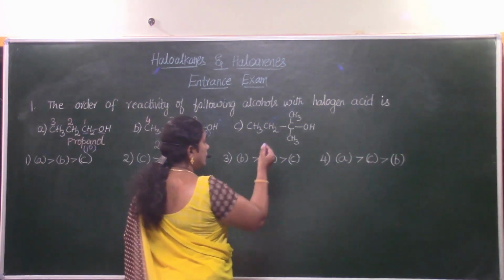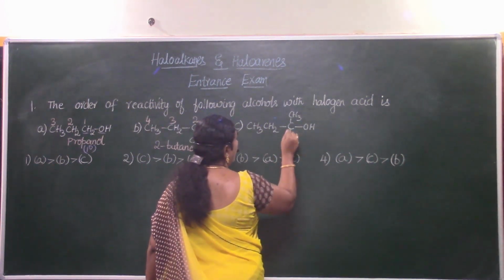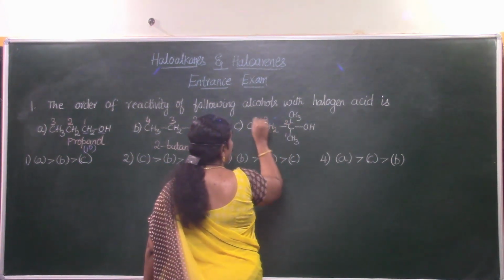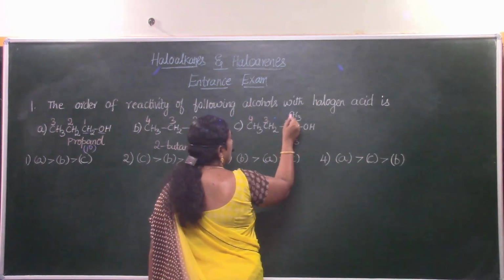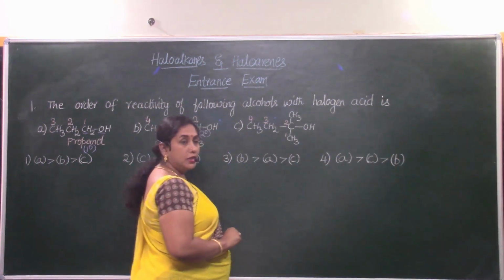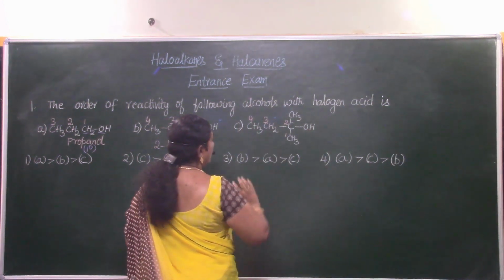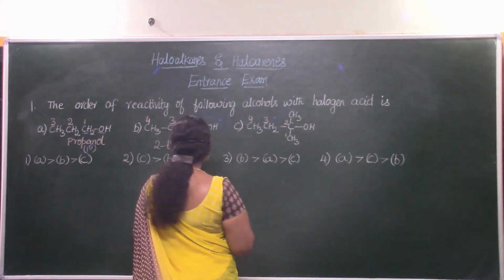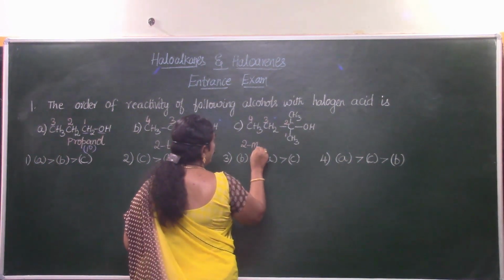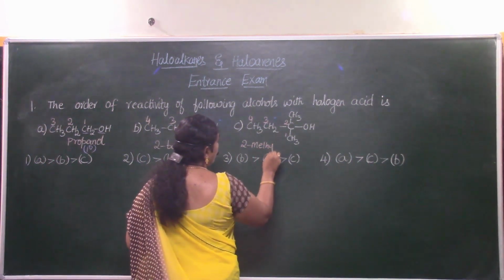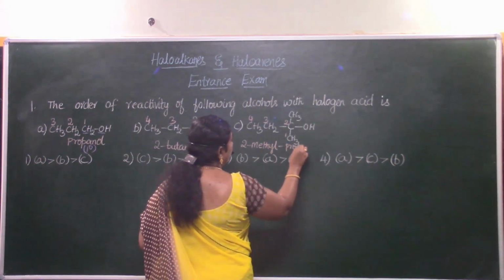Now let's name this compound as well. Let's give the locant. So 1, 2, 3 and 4. For the second carbon atom there is OH and for the second carbon atom there is CH3. So otherwise it's a 4 carbon atom chain which is saturated. The name of this compound will be 2-methyl propan-2-ol.